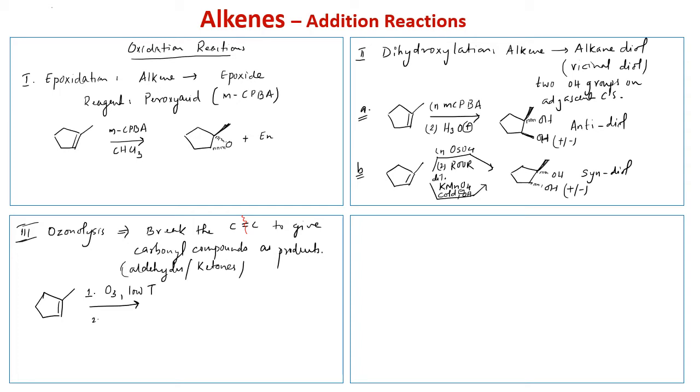And second, you quench this reaction using some zinc, or you could use dimethyl sulfide. Either one is fine. When you do it, it is going to break open that double bond, and it adds an oxygen to both ends, to those carbon atoms.